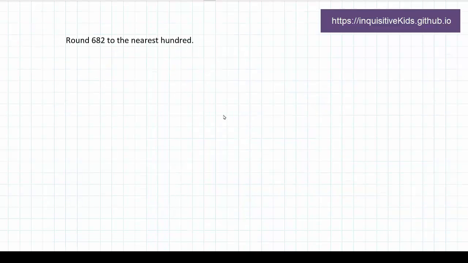And here comes our last example. Round 682 to the nearest 100. Okay, so we know how to round to the nearest 10, but what do we do when the problem wants us to round to the nearest 100?